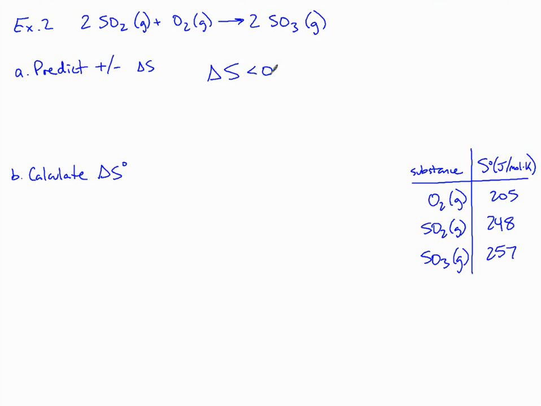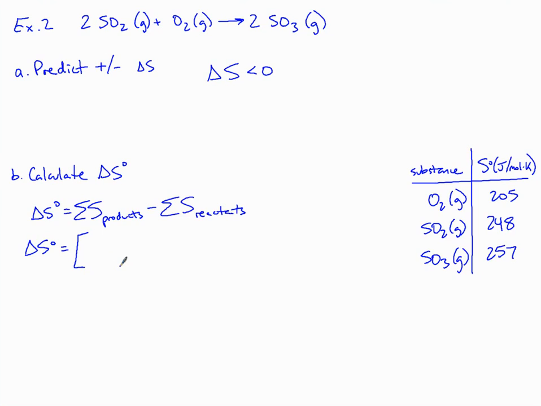But here we can also put some numbers to it. We want to calculate the standard change in entropy given this table of absolute entropies. And this is where the formula comes in from the AP formula sheet. Delta S equals the sum of S of the products minus the sum of S of the reactants. Let's look through our numbers here. First off, the products, we have SO3.